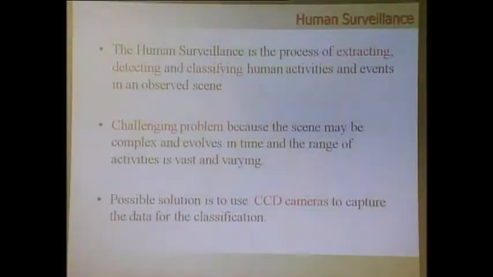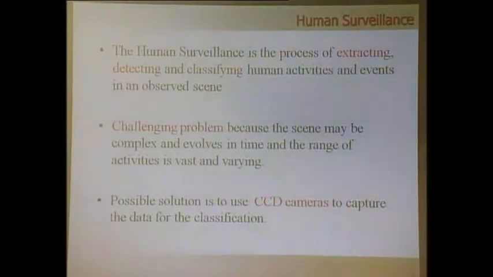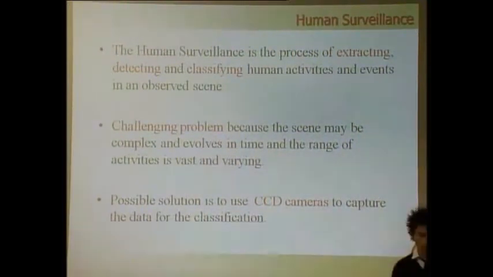When we talk about human surveillance, we talk about the process of extracting, detecting, and classifying human activities and events in a specific scene. This problem is definitely complex because the scene can be complex itself and evolves in time, and the range of activity is pretty vast.